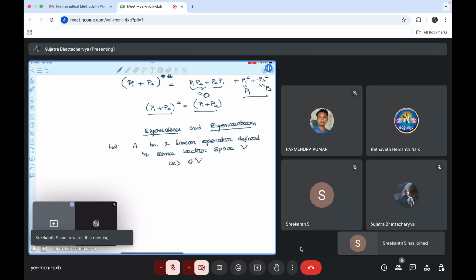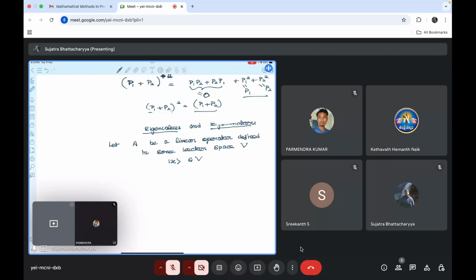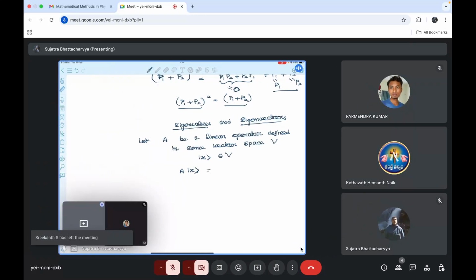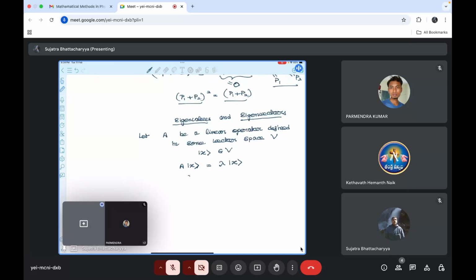So this X belongs to this vector space, some vector space V. Now, if you operate this A on this particular vector X from the vector space V, you will get lambda times X.